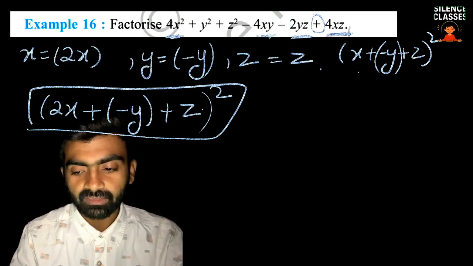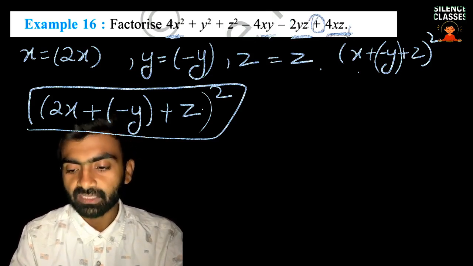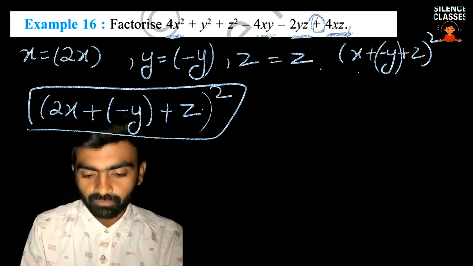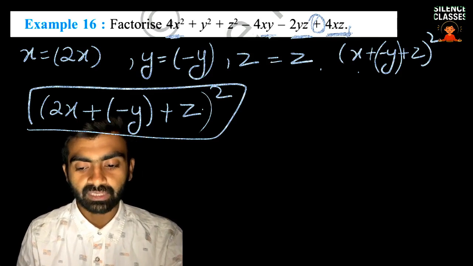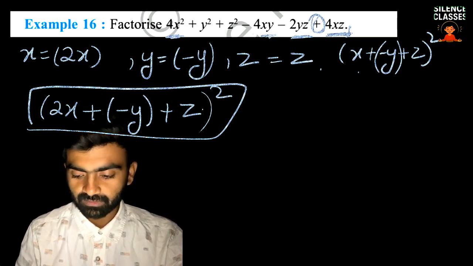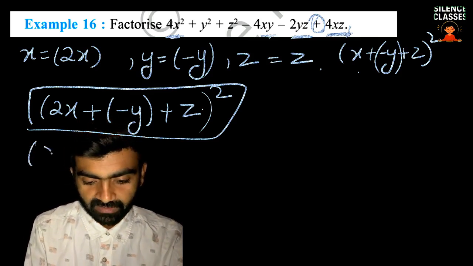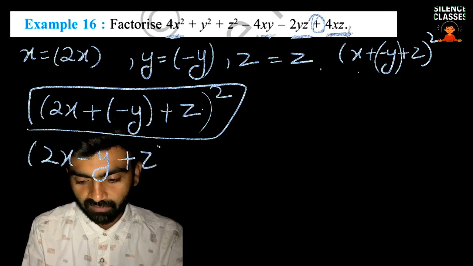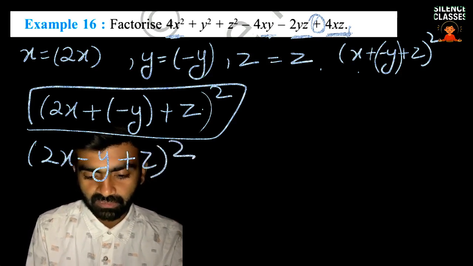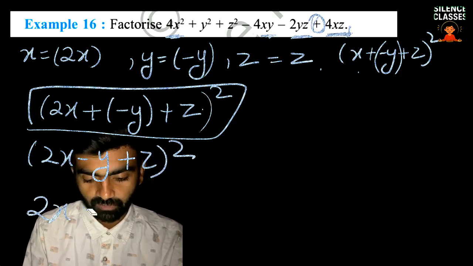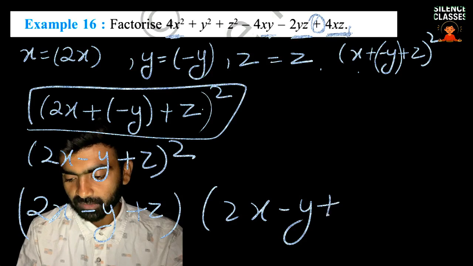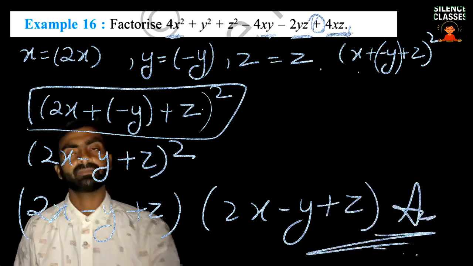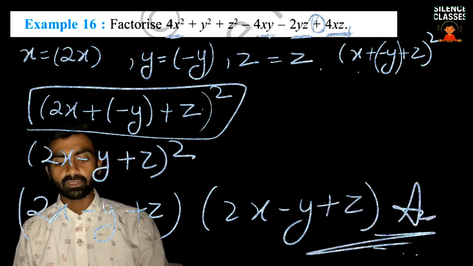Over here x, y and z are there, but the sign is addition. So we will get 2x plus minus y plus z whole square. We have to write this 2 times. Once we open the bracket, it will become 2x minus y plus z whole square. So I can write it down 2 times, 2x minus y plus z and 2x minus y plus z, and this is the answer. I hope you guys understood how we have done it.